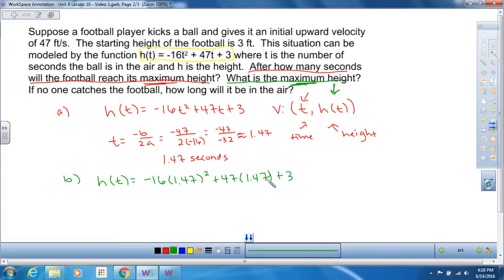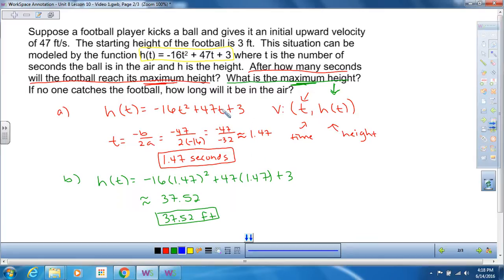Then you just type all of that in. Again, let's round to 2 decimal places. And I got 37.52. So it's 37.52 feet. So there's our first 2 questions. If it asks about maximum or minimum, that means vertex.